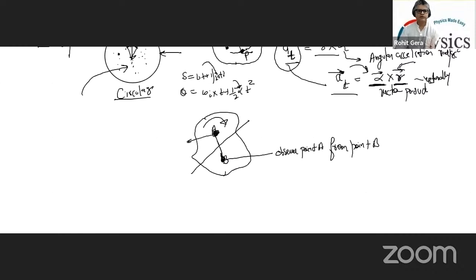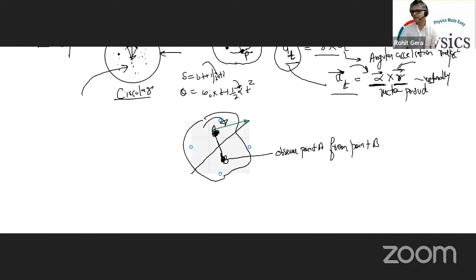Okay, on the other side, because the motion is clockwise. So this was your body, and the body is moving. So you will find that this is the direction.